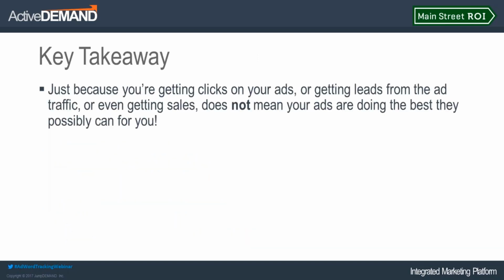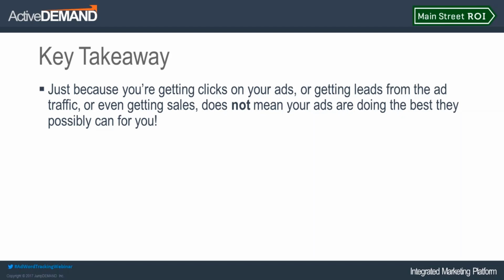So key takeaways here. Just because you're getting clicks on your ads, and even if you're getting leads from your ads and even sales, that doesn't mean that your ads are doing the best they possibly can for you. I've talked to a lot of businesses that are just looking at impressions and clicks and costs and cost per clicks, and that's how they're making decisions.